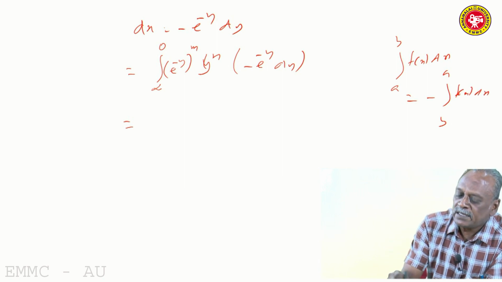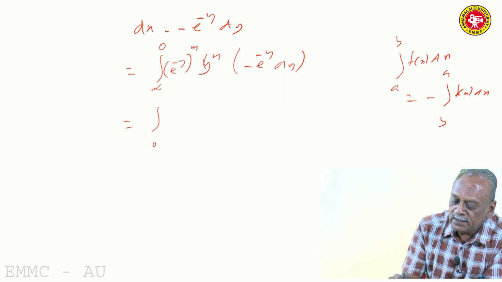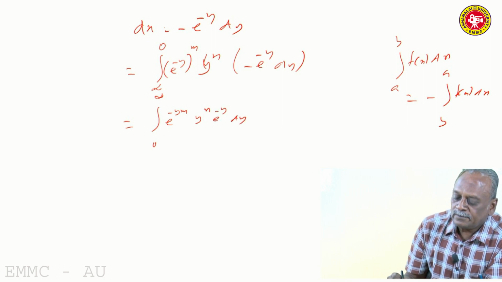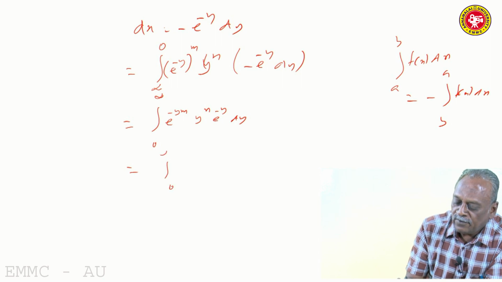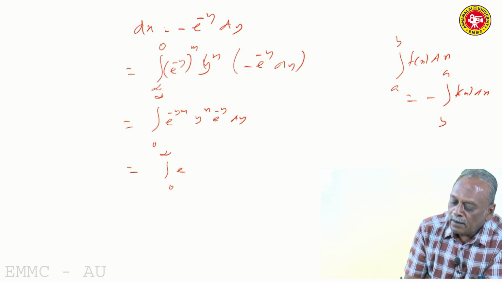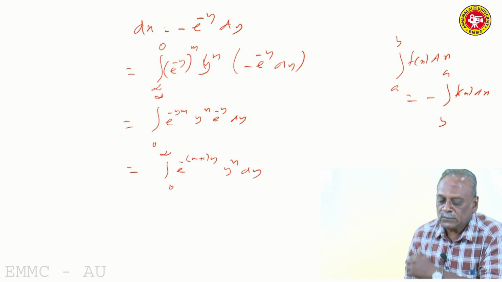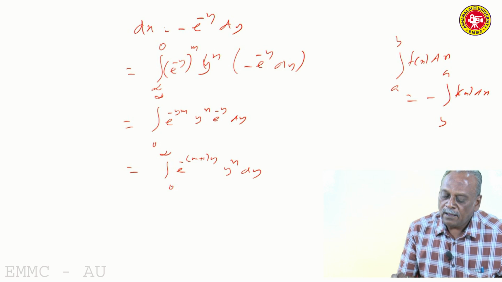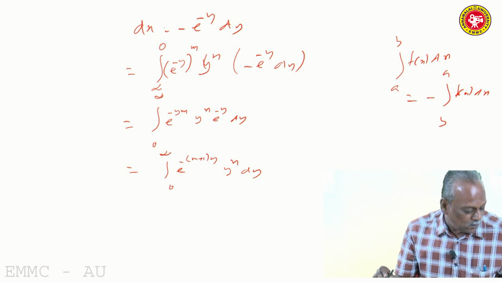So, to cancel the minus sign, this integral becomes integral 0 to infinity e power minus y m, into y power n, e power minus y dy, which is integral 0 to infinity e power minus m plus 1 into y, y power n dy.